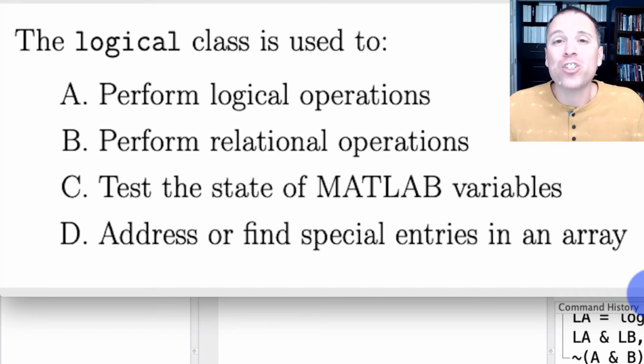And the fourth is to either address or find special entries in stored arrays. So 4 different purposes: perform logical operations, perform relational operations, test the state of MATLAB entities, and address arrays in special ways. Each individual item on this list has many subtleties, and we're going to actually do multiple videos for each of these so that we can explore some of the full functionality encapsulated in logical data.